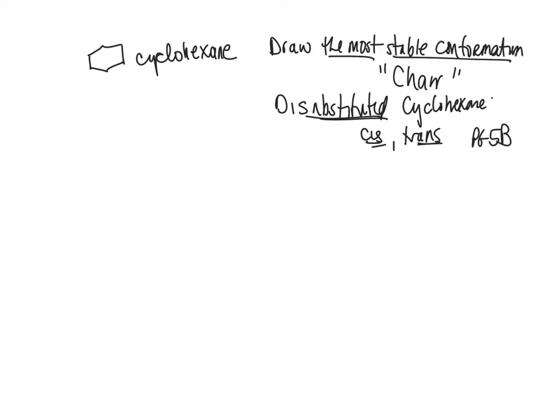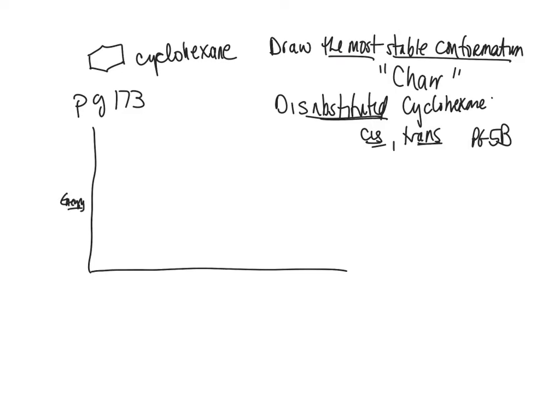So first of all, on page 173 in your text, you can also look in your slides, you have an energy diagram. And this energy diagram is an important energy diagram because it shows you the different conformations of cyclohexane. I'm going to try to get these heights.